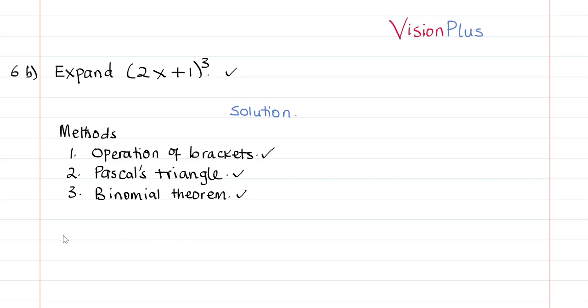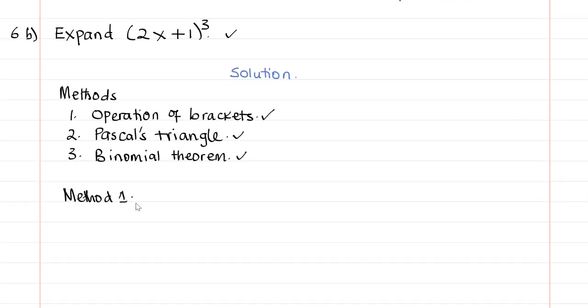So, beginning with method 1, the operation of brackets, will be (2x + 1)^3.